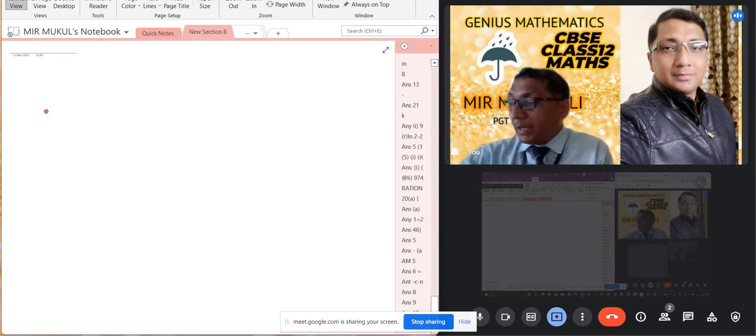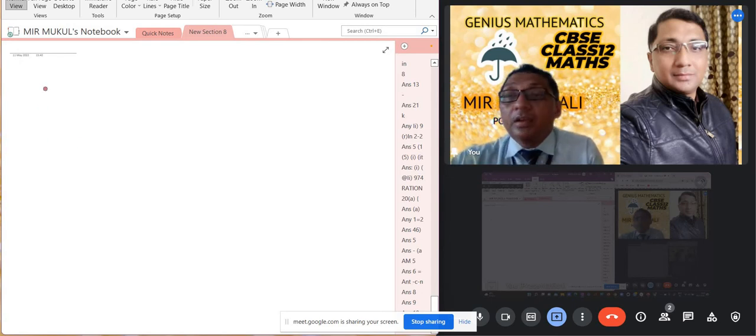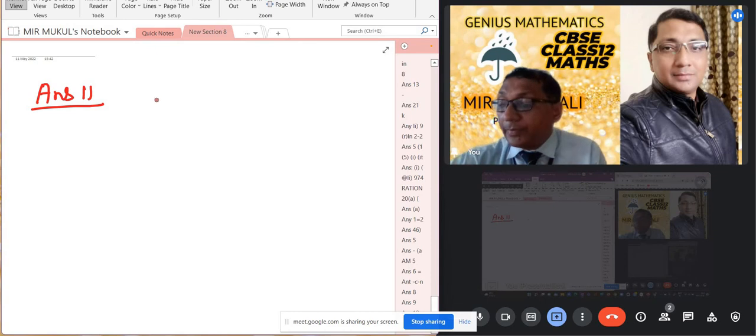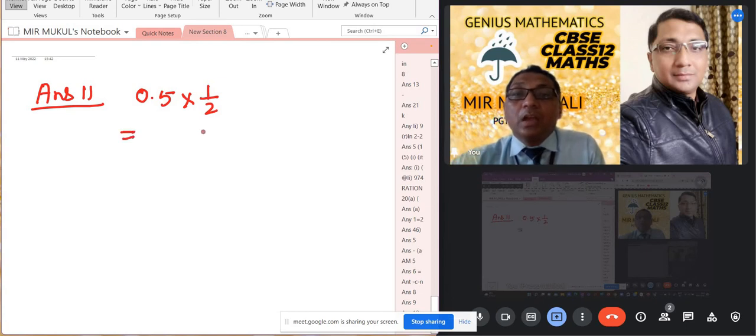Now 11, 12, 13 are almost similar. So one I am doing, other you will try. Answer 11. Is 0.5 the multiplicative inverse of 1 by 2? So 0.5 into 1 by 2. If you will multiply these two, will you get 1 or not? You have to check. So remove 0.5 by 10 into 1 by 2.